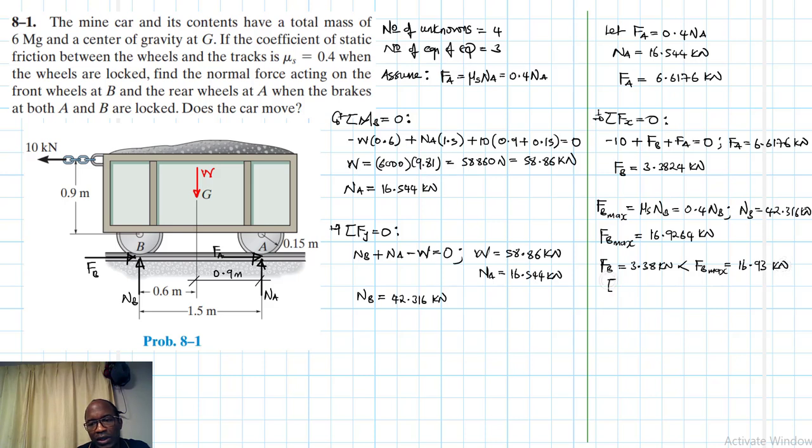Of course, there we have no slip. All right, but if you remember, we had assumed FA equal to 6.61. So we are saying the car won't move.